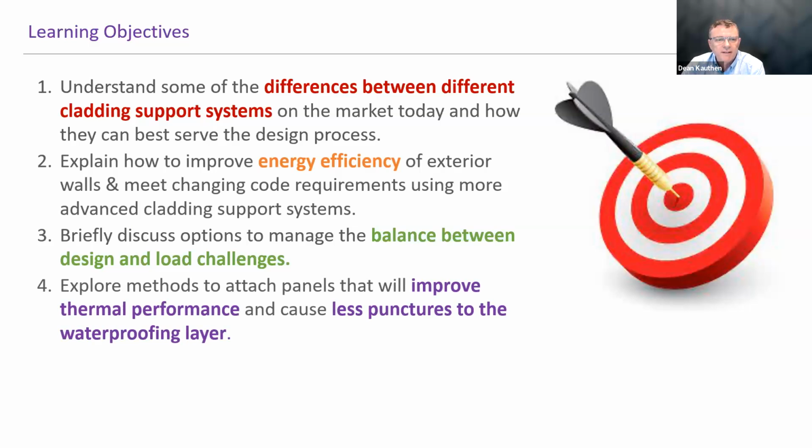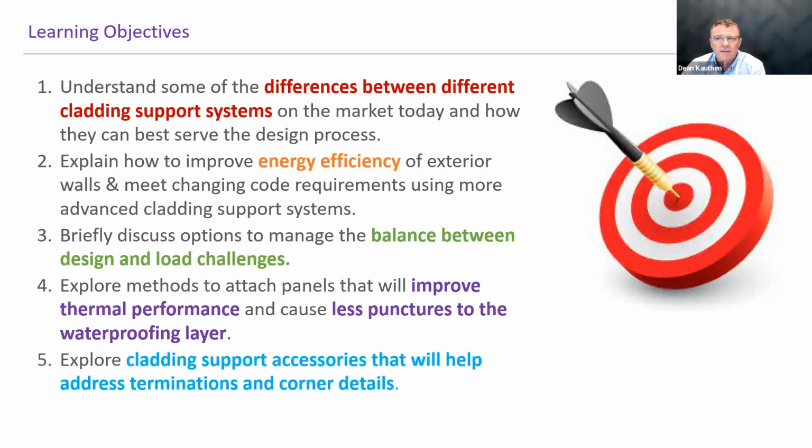And then we'll look at ways of attaching panels to a facade, using fewer fasteners, less punctures to the waterproofing layer, and improving thermal performance. And then lastly, we'll take a look at some accessories that can make the architect's life much easier.